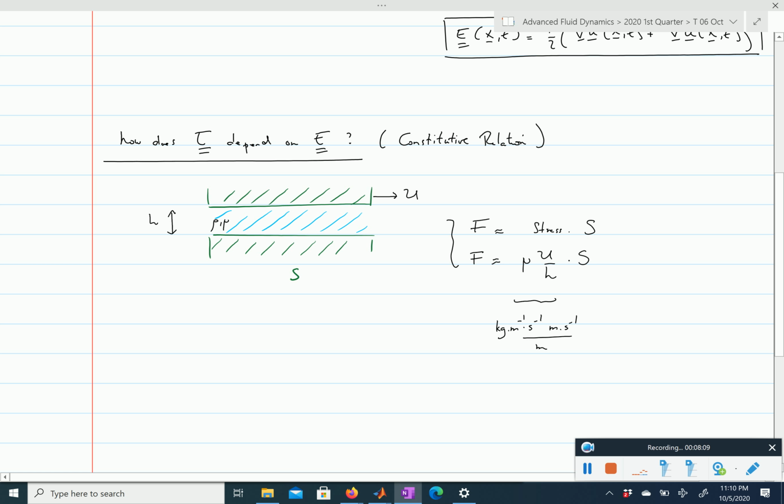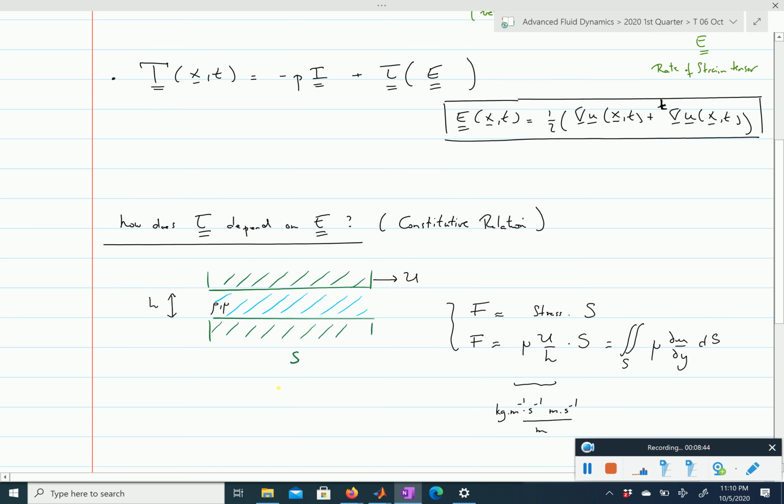And of course, you see that this really corresponds to the double integral over our surface S of a shear stress, which we could write as mu partial u partial y, dS. This is something you may have seen before: a viscous shear stress can be expressed as mu times the rate of shear, partial u partial y.